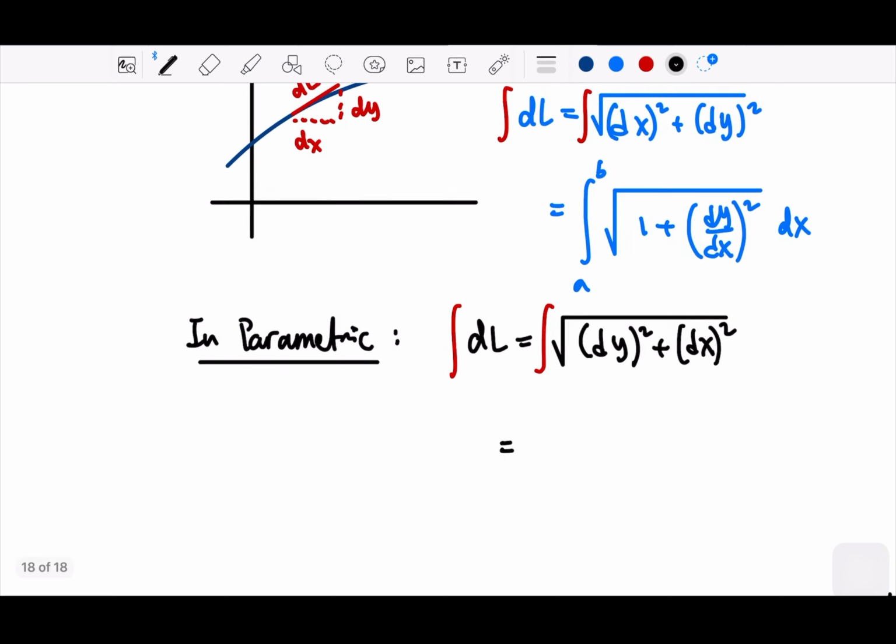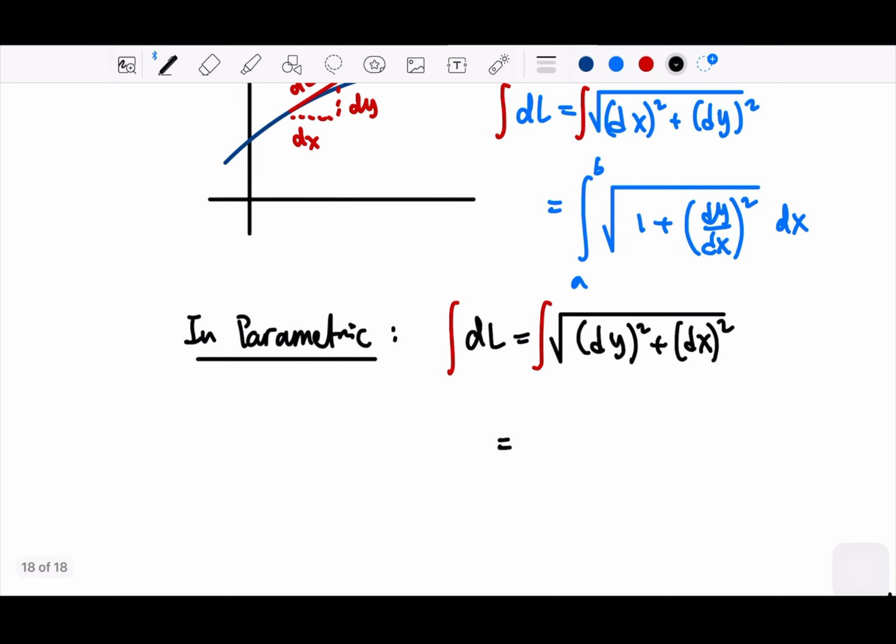The next step is we are going to introduce dt, the same way we introduced it in the previous integration.